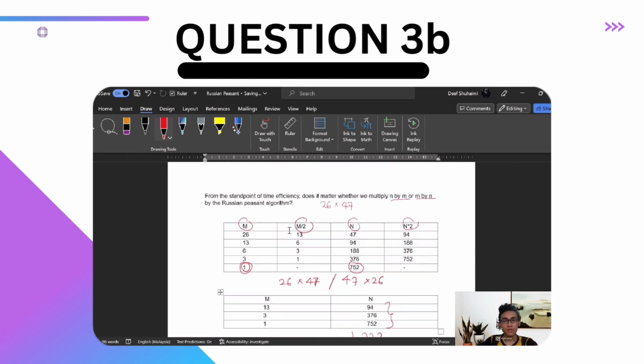The same goes for the previous question, 26 times 47. Also the same: we got 1, 2, 3, and 4 times of the halving process. So answering the question, the time efficiency isn't affected whether we multiply n by m or m by n by the Russian peasant algorithm.